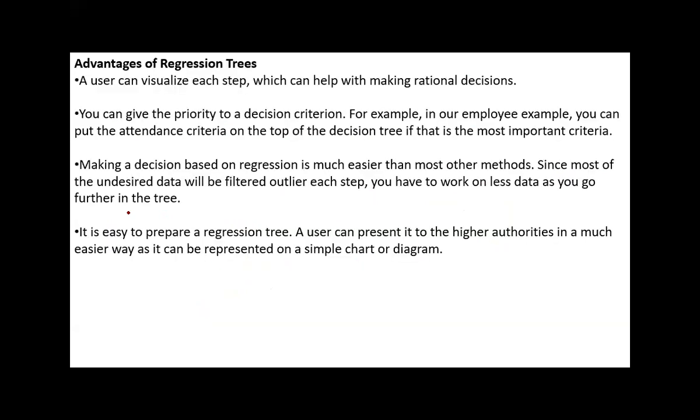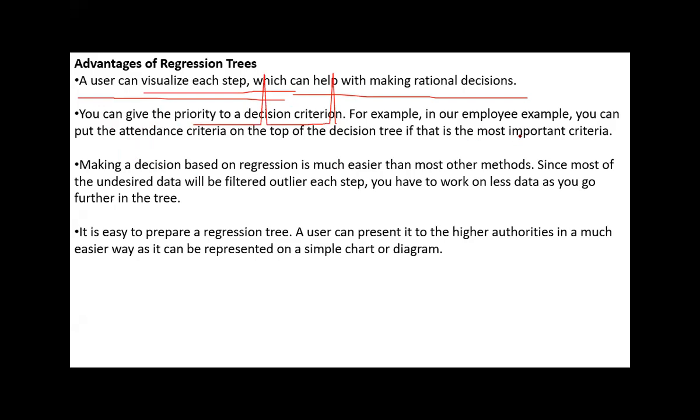Now, advantages of regression trees, my dear friends. The user can visualize each step, which can help with making rational decisions. You can give priority to a decision criterion.